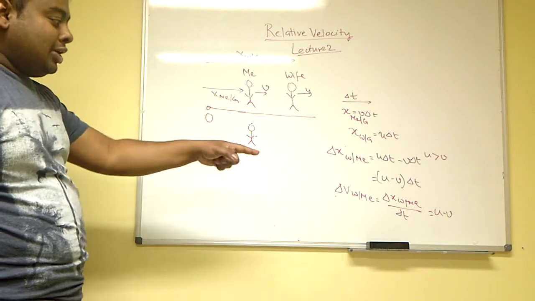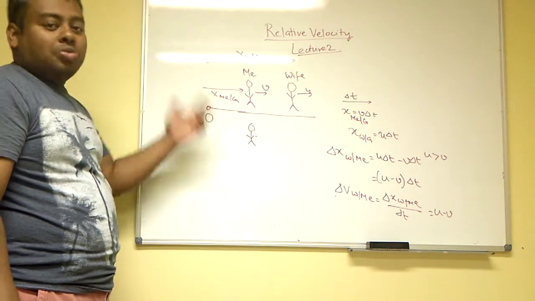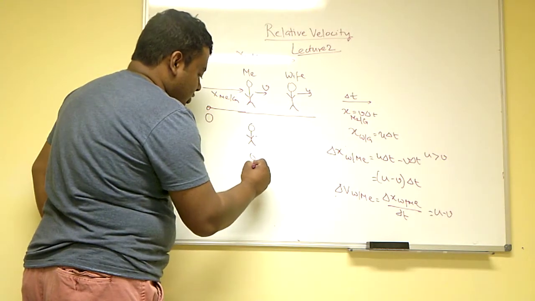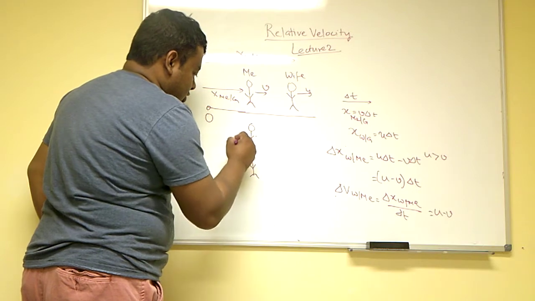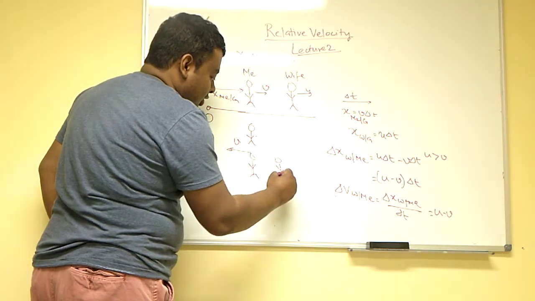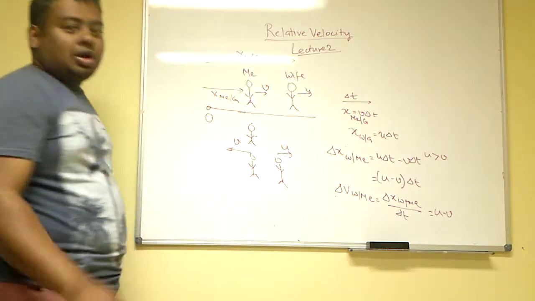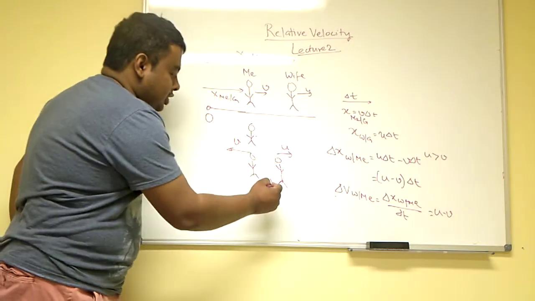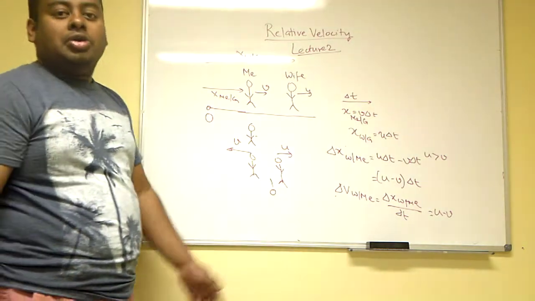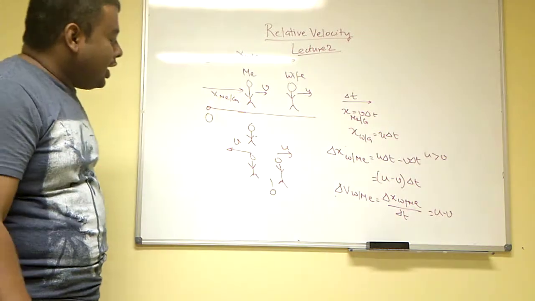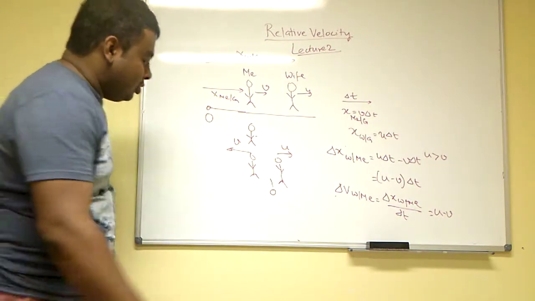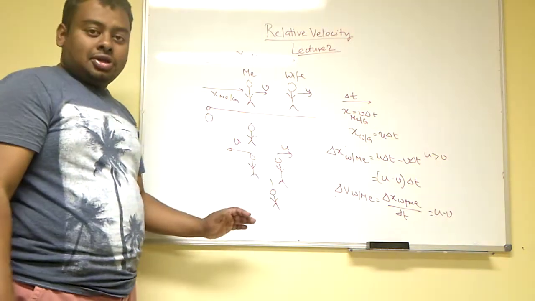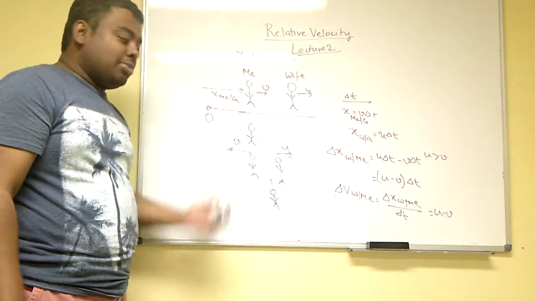Now, this relative velocity is the case when we are moving in the same direction. If we are moving in the opposite direction, let's say we were not getting along and we started moving in different directions. So let's say we started at some origin O when we had a disagreement between the two of us, and there is a person at that location who started measuring the distance traveled by me and my wife.